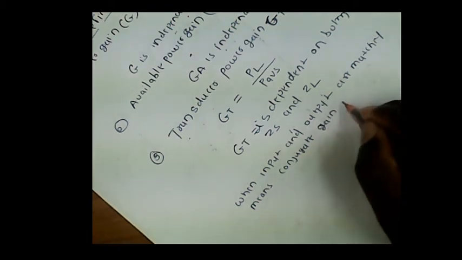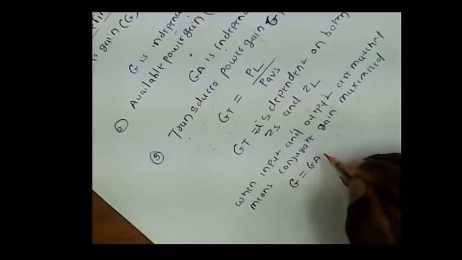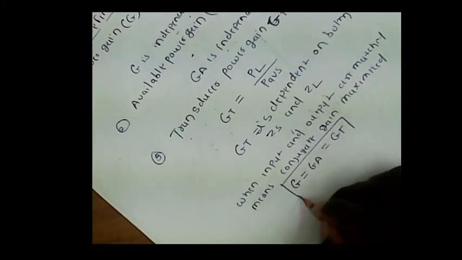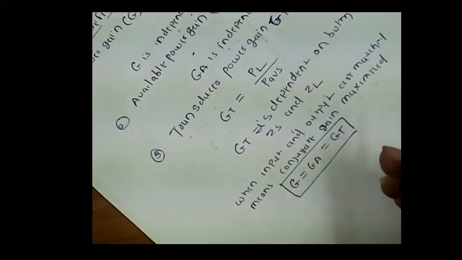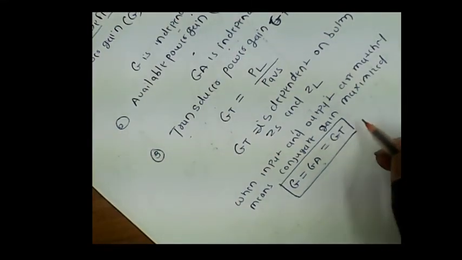So we can define G equal to GA into GT. When source and load impedance are matched, meaning they are complex conjugates of each other, this will maximize the gain. So this is the condition.